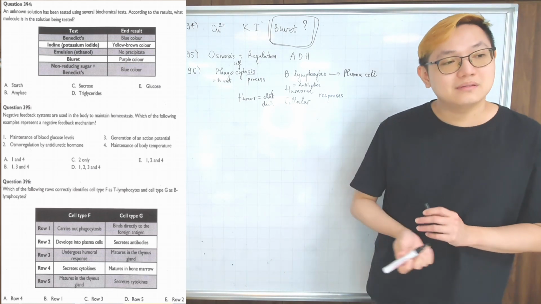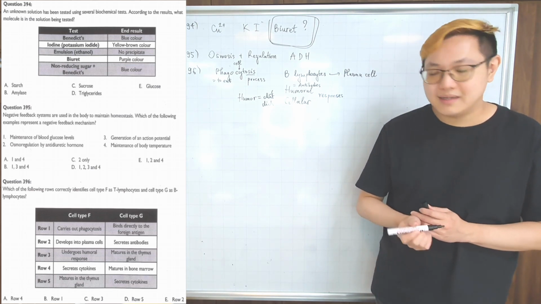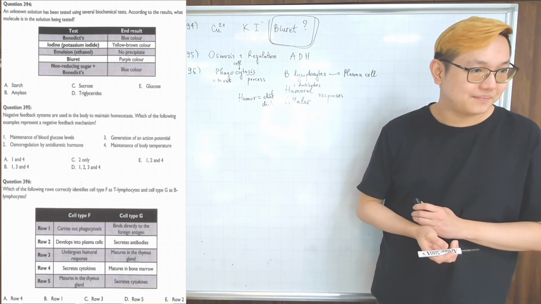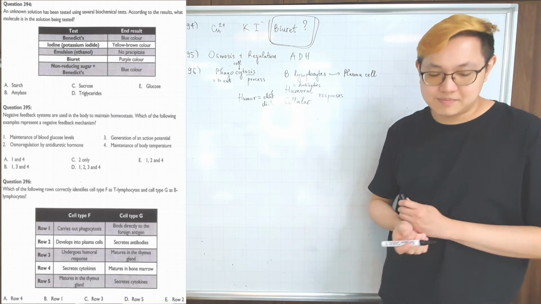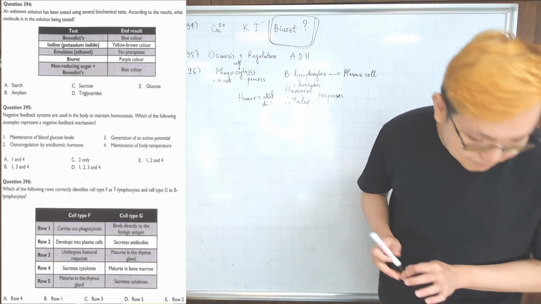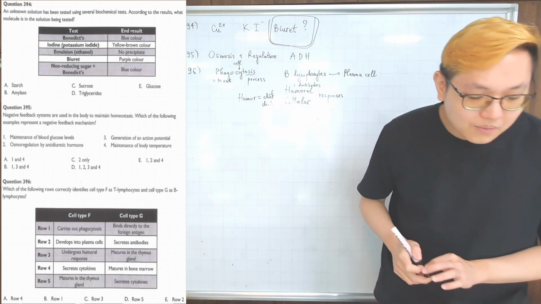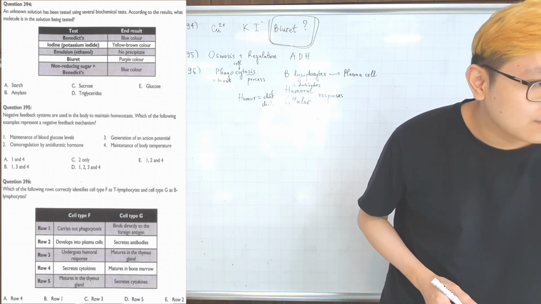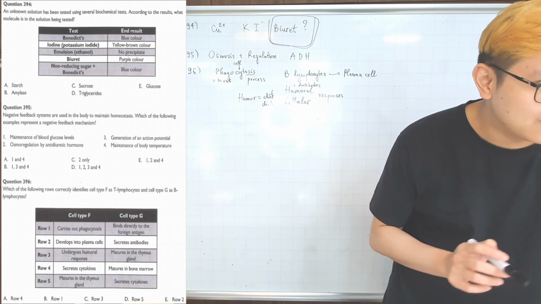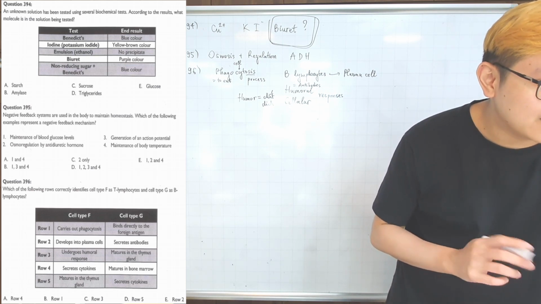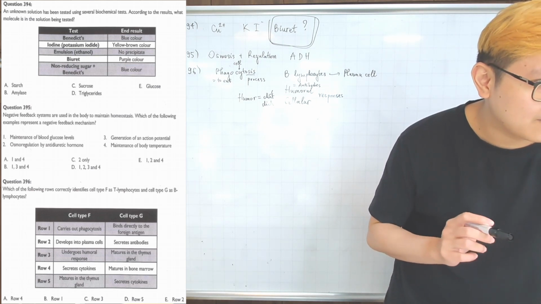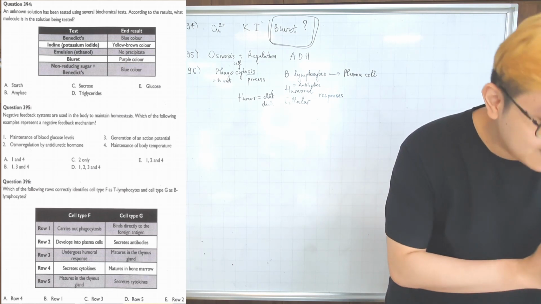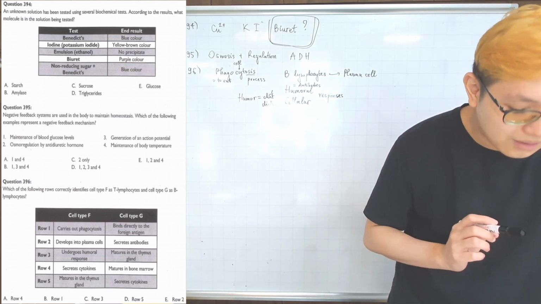Humoral responses, fluid secreted responses, means antibodies. It's antibodies, okay? So where is the humoral response created? B or T? It's B. So round 3 is wrong.